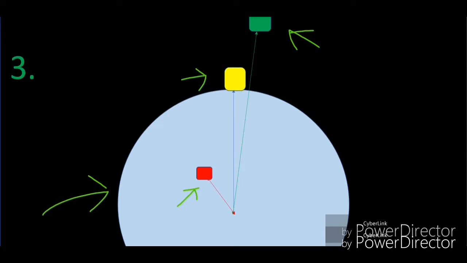Carefully look at them. The yellow object, we can call it Y, is on the ground of Earth, right? This is blue, so we can recognize the distance of the object from the center of Earth as b, the first letter of the word blue.